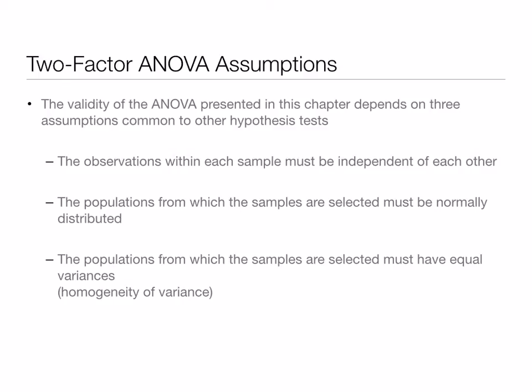So again, we need to have our samples come from normal populations. And again, we want them to have homogeneity of variance. We again want them to have equal variances. We don't want them to have big differences between them to begin with, because then we're not going to be able to look and see if there's a treatment effect.